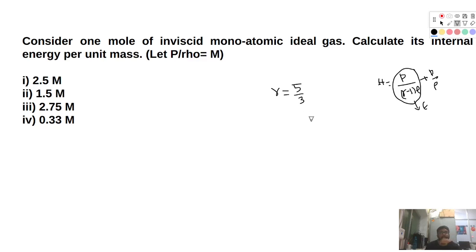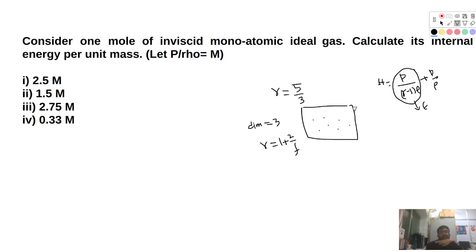Now let's say you have a container or a free space in which you have monoatomic gases. It is a 3-dimensional space. Now there is a formula, gamma is 1 plus 2 by F, where F is the degree of freedom.